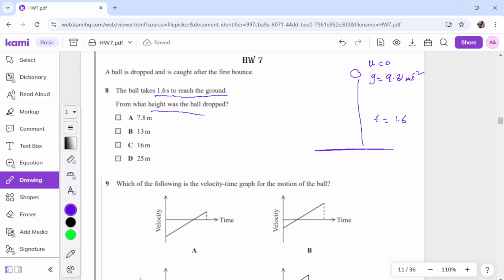You can use the SUVAT equation from the equation sheet to find the distance moved or height. So it will be ut plus half gt squared, u is 0, so this term equals 0, half multiplied by 9.81 multiplied by t squared, which is 1.6 squared. It will equal 12.6. Okay, so it's about 13. I have to choose B.